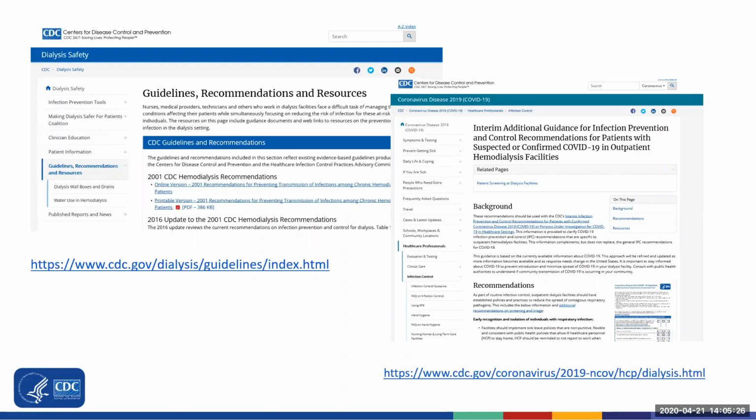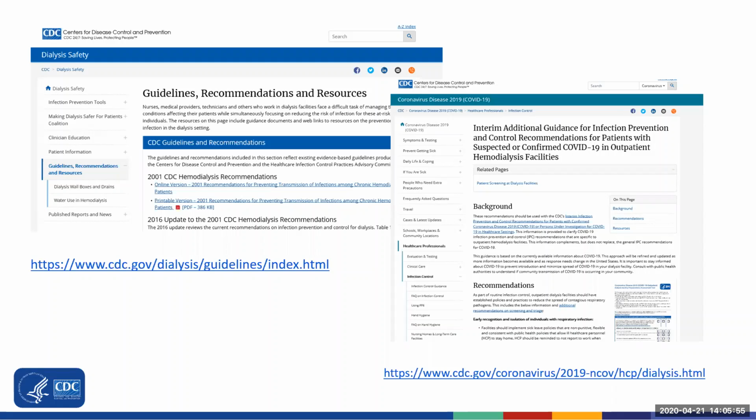Coronavirus disease 2019, COVID-19, recommendations are summarized in the interim additional guidance for infection prevention and control recommendations for patients with suspected or confirmed COVID-19 in outpatient hemodialysis facilities. This guidance was developed from the information currently available about COVID-19. This approach will be refined and updated as more information becomes available and as response needs change in the United States.